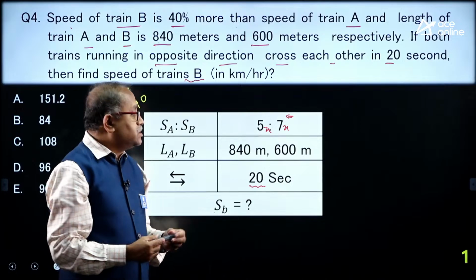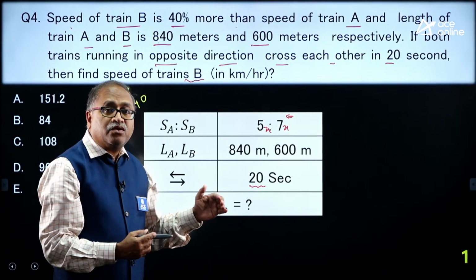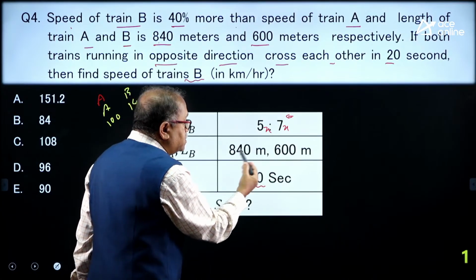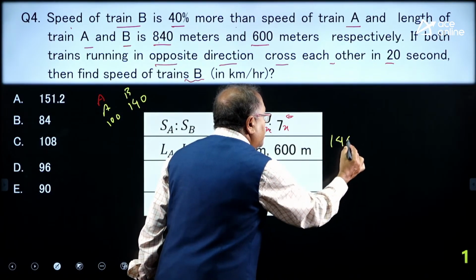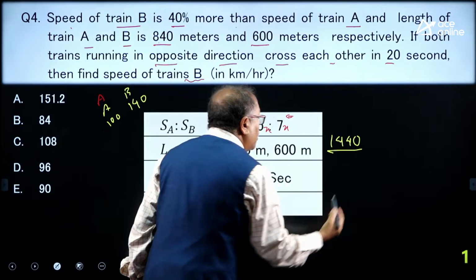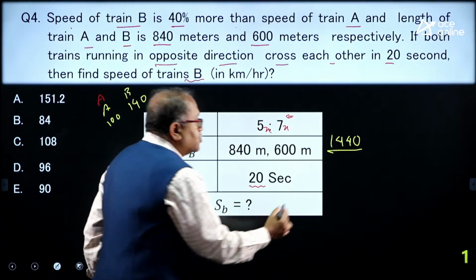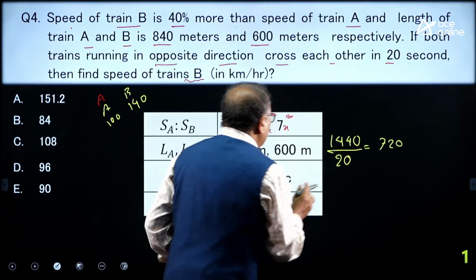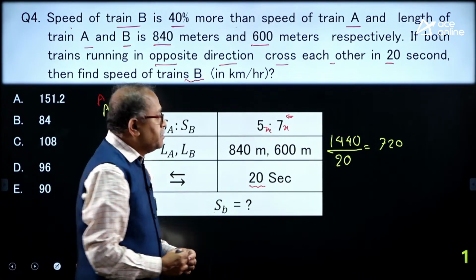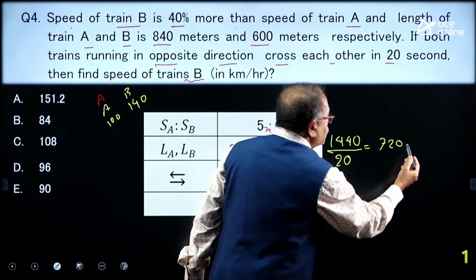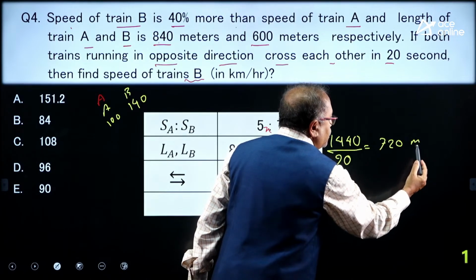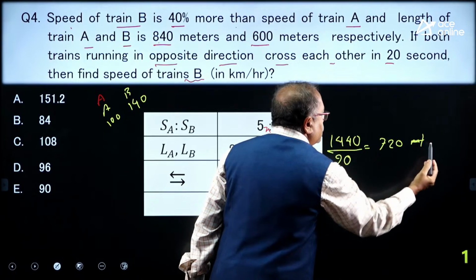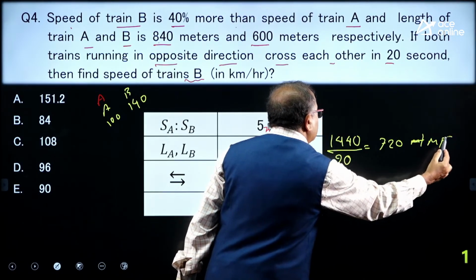How simply we can answer the question if we clear what is given to us. What is the total length, the distance? That is 1440 meters, and how much time does it take to cross each other? 20. So, I saw that 720, distance by time is equal to speed, 720 meters per second.